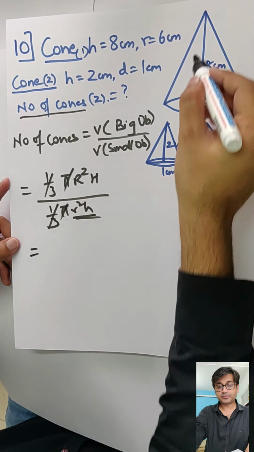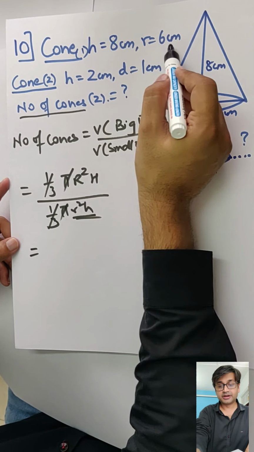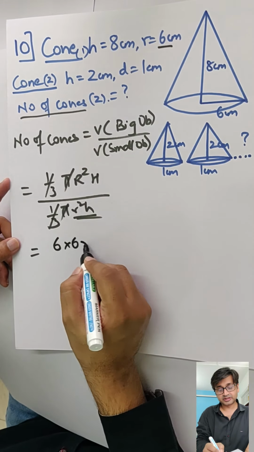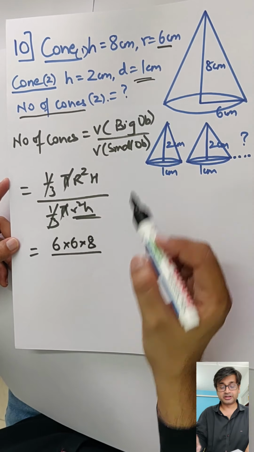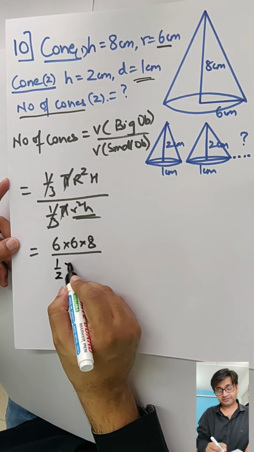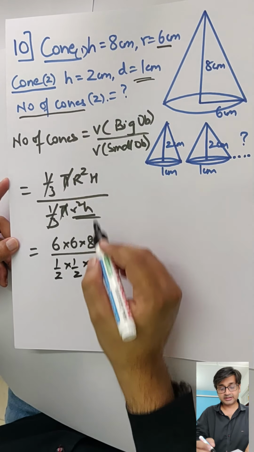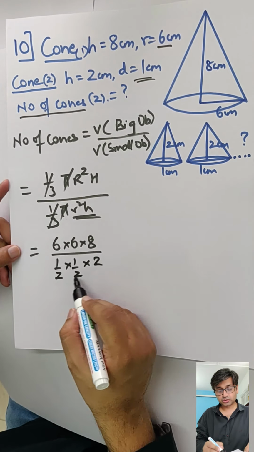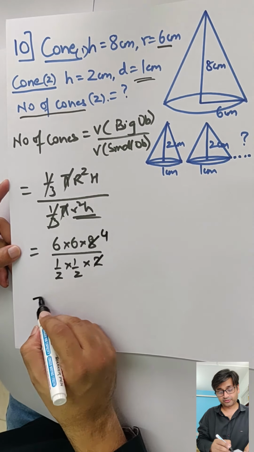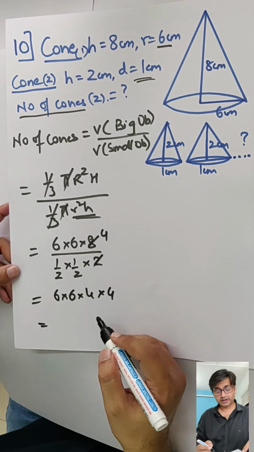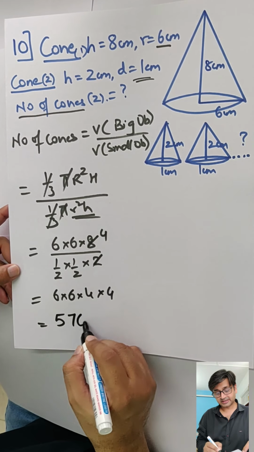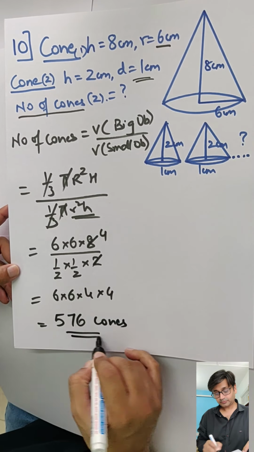Now r of the bigger object, radius is 6, so 6 into 6, and height is 8. For the small object, diameter is 1, so that will be half the radius, and height is 2. So this 2 and 2 will go on top, so basically 6 into 6, 4 into 4. So 24 square, 576 cones.